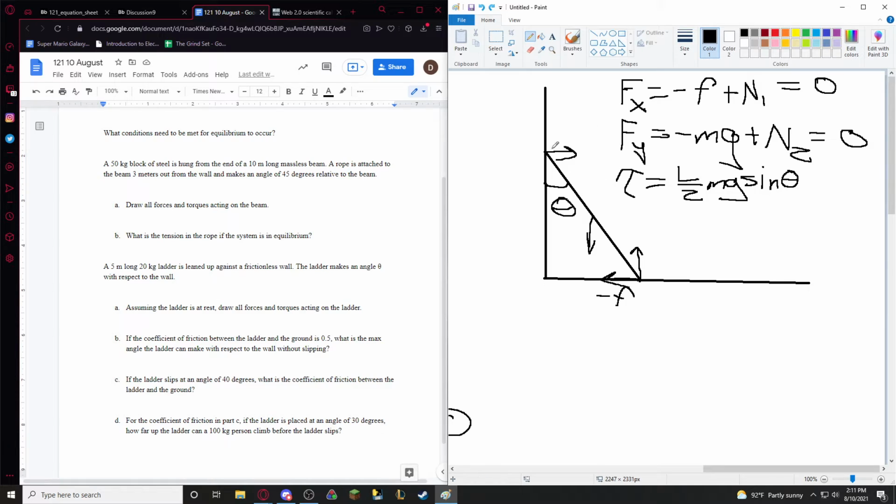What's the torque due to the normal force on the wall? It'd just be L times the normal force. Is it positive or negative? It would be negative. So we have negative L times that normal force, N1, times the sine of the angle between them.